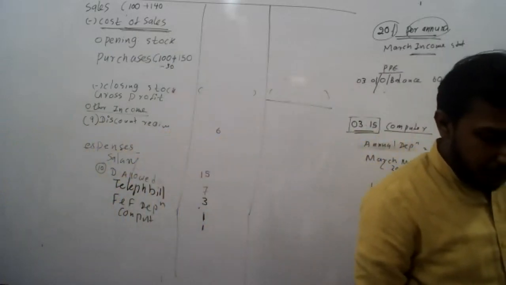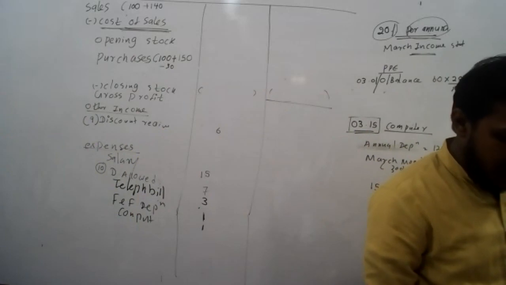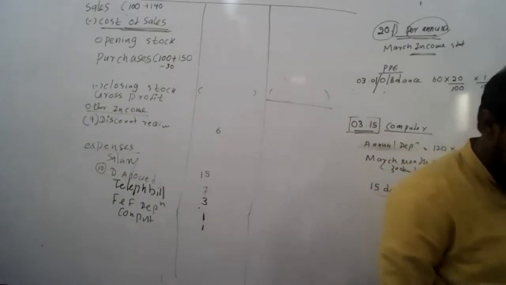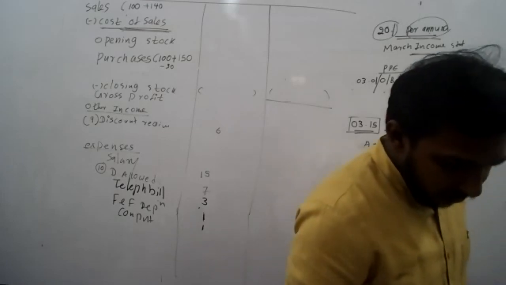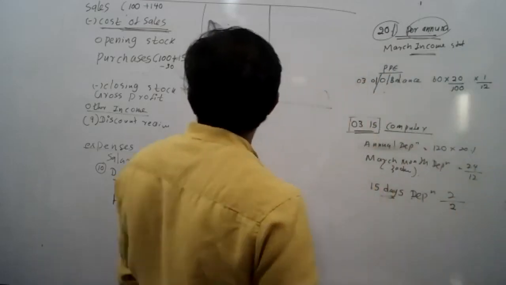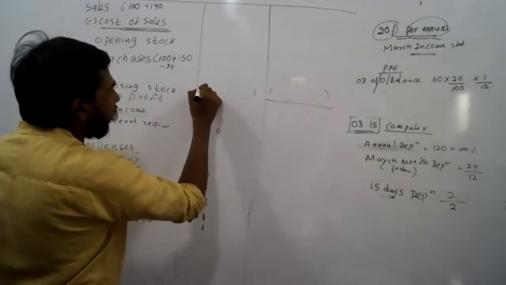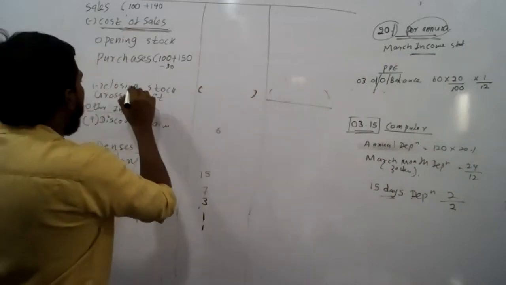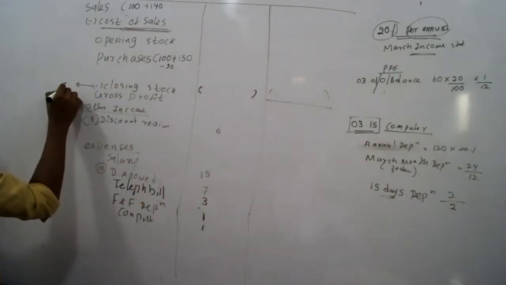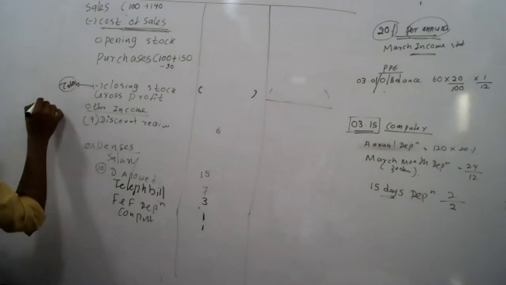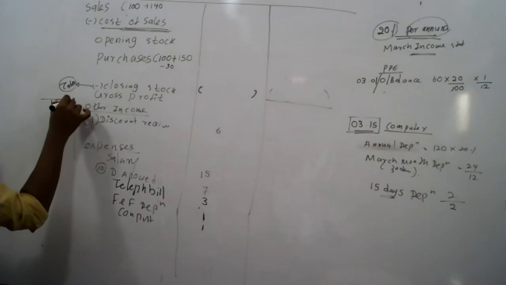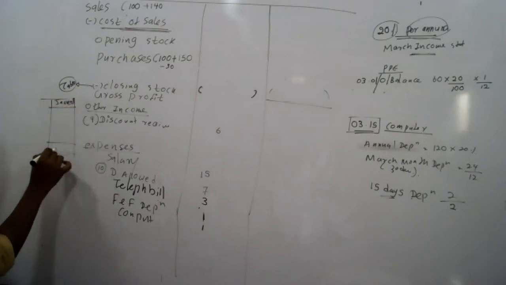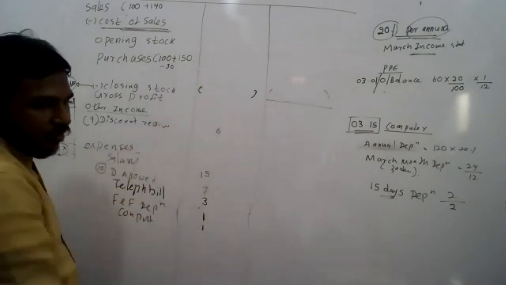Now go for the accounting equation table, guys, because we have to calculate the closing stock. This should come from the table. There was the inventory column. So the inventory column closing balance should be the closing stock.